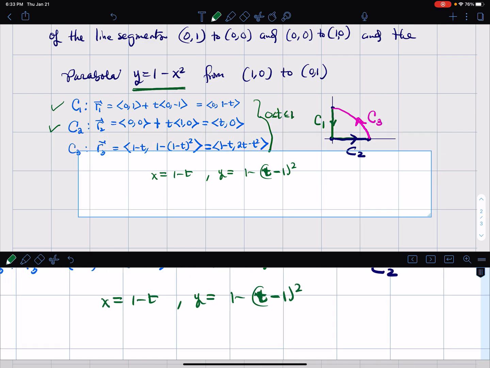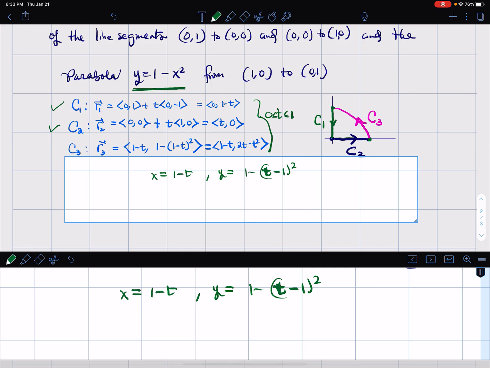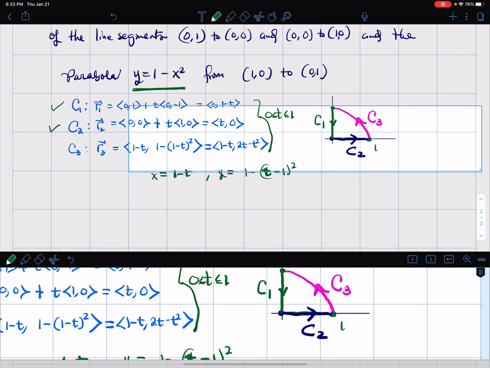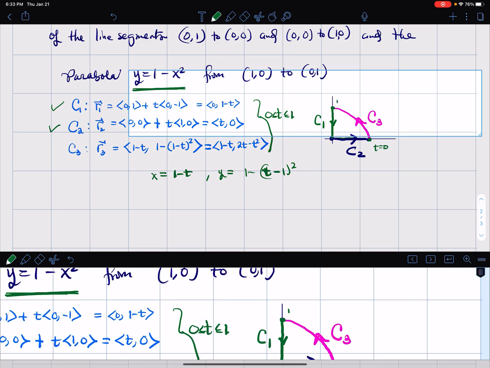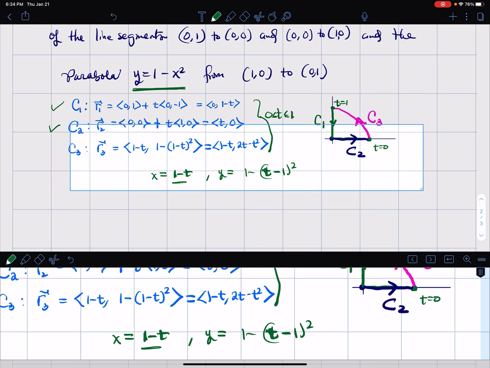Why did I choose this? Because I'm going from where x is equal to 1 to where x is equal to 0. So I chose 1 minus t because I want t equals 0 to be here, and t equals 1 to be there. So when t is equal to 0, x is equal to 1. When t is equal to 1, x is equal to 0. So I hope it makes sense why I chose this parameterization right here. Okay, that's the only reason why.